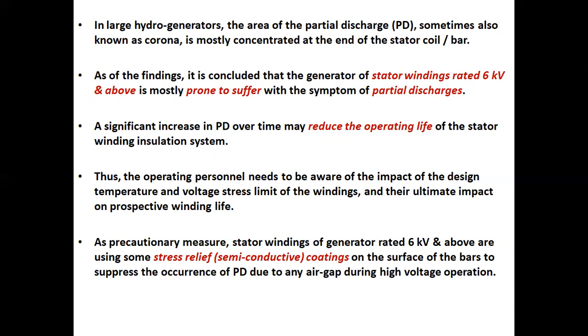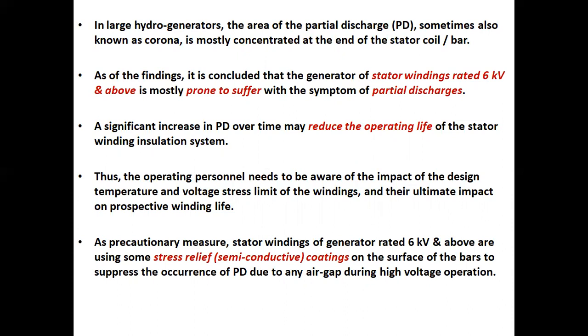A significant increase in partial discharge over time may reduce the operating life of the stator winding insulation system. Thus, operating personnel need to be aware of the impact of the design temperature and voltage stress limit of the windings and their ultimate impact on prospective winding life.